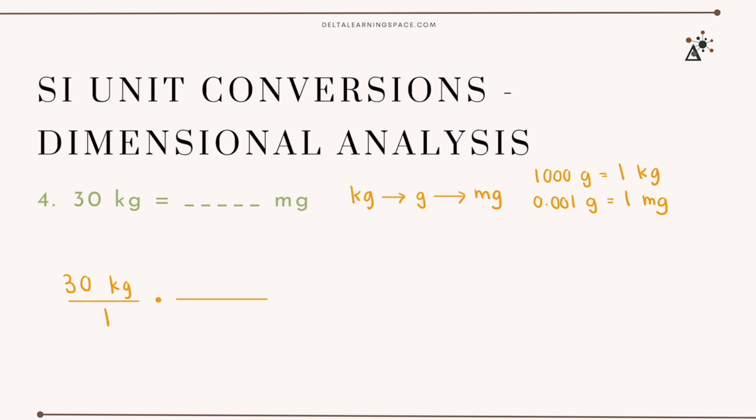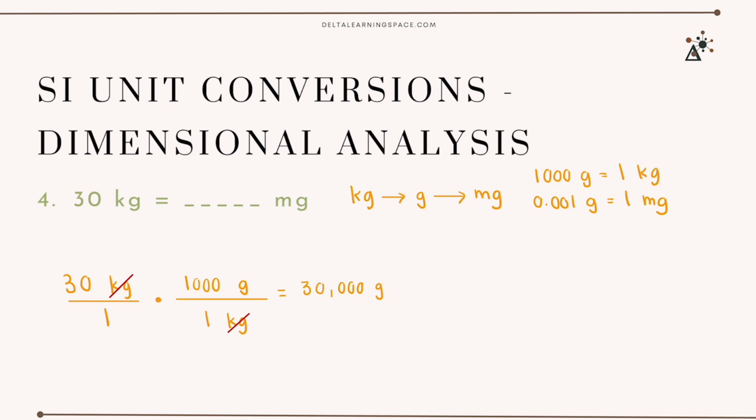I want my kg to cancel, so that means I'm going to put my 1 kg down below with my 1,000 grams above. And so that means my kgs will cancel out, leaving me with my unit grams. If I do this math, this will give me 30,000 grams.